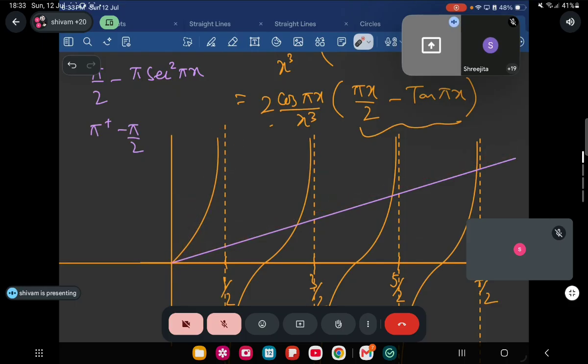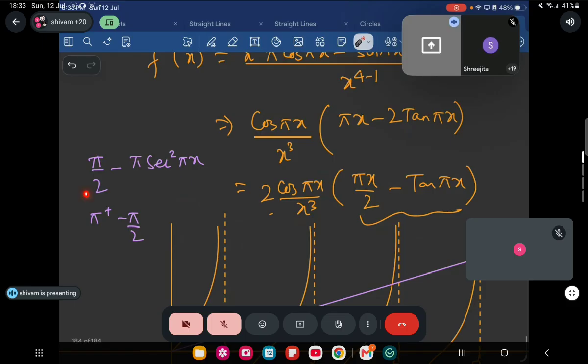It can intersect this branch, but try to understand. The slope of any tangent on tan pi x is strictly greater than the slope of any tangent on pi x by 2. Are you getting it?